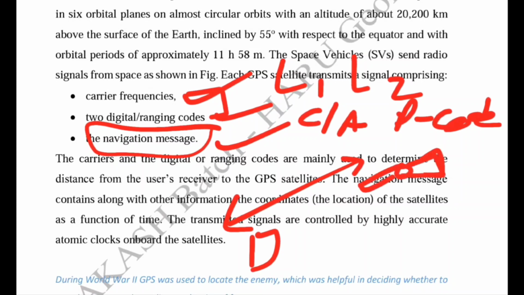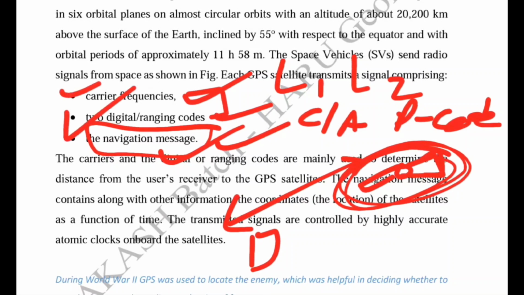So the satellite coordinate information, which is a function of time, is provided by the navigational message, and the frequencies and codes are used for distance calculation between the GPS receiver and the satellite. These two pieces of information are required for calculating our unknown position XYZ.